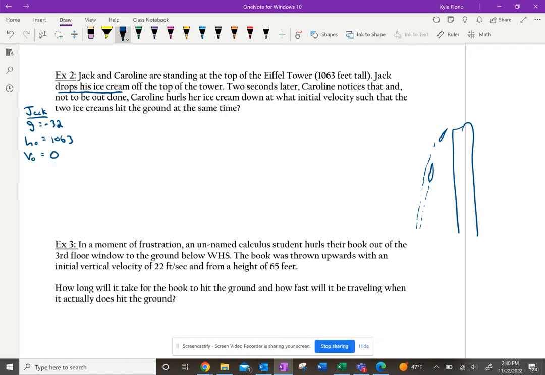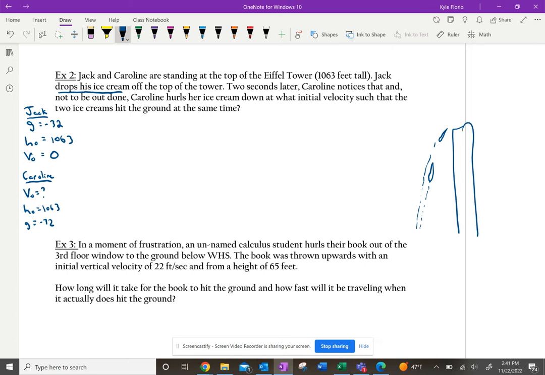He didn't throw it down; he dropped it. Okay. Caroline didn't drop it. Caroline, we're trying to find out how fast she had to throw it, so we're looking for the initial velocity so that it hits the ground at the same time as his. Her initial height is the same, though. And her gravity is the same. We're still negative 32.